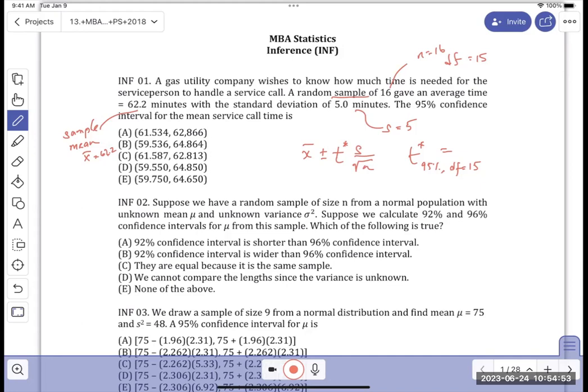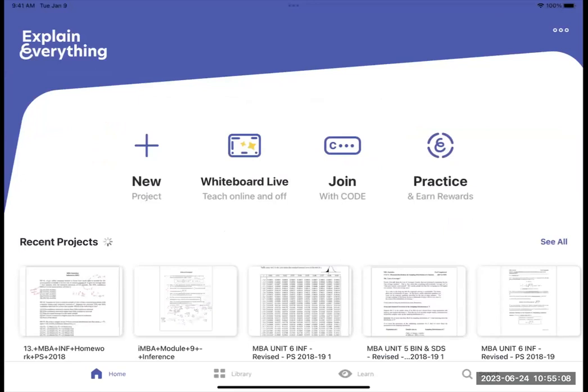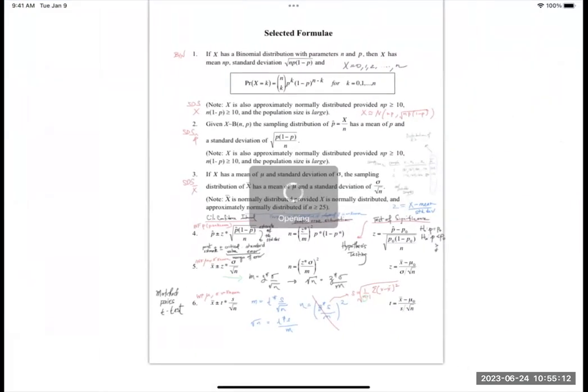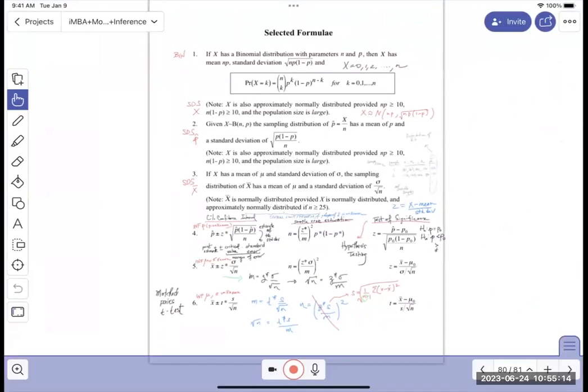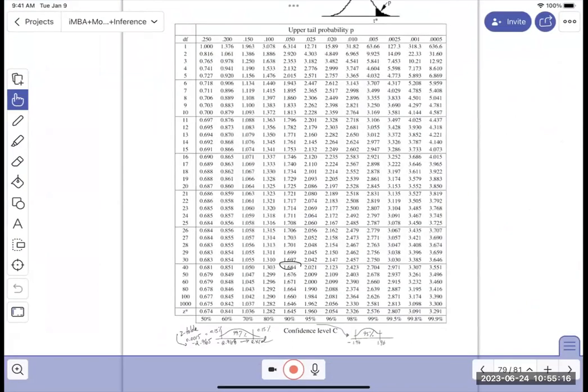So for 95%, going from the bottom up to 15, it's this one.